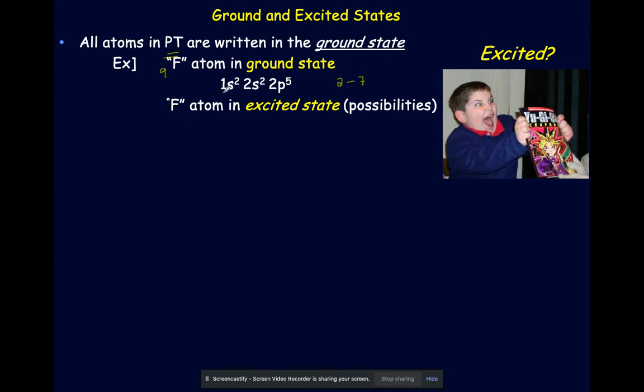The 2 means 2 electrons are in the first energy level, and this is a combined number, so the 5 and the 2 is a 7. This would be the first energy level, and this would be the second energy level. So sometimes you'll see it written as a 2-7, and that's the Regents version. In the honors version, in the regular version, we have this. Anyway, that would be the ground state.